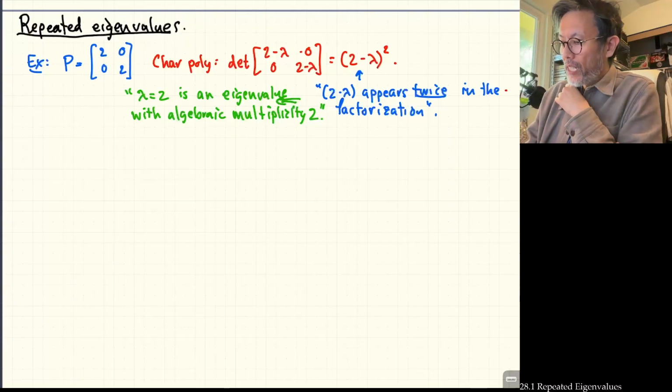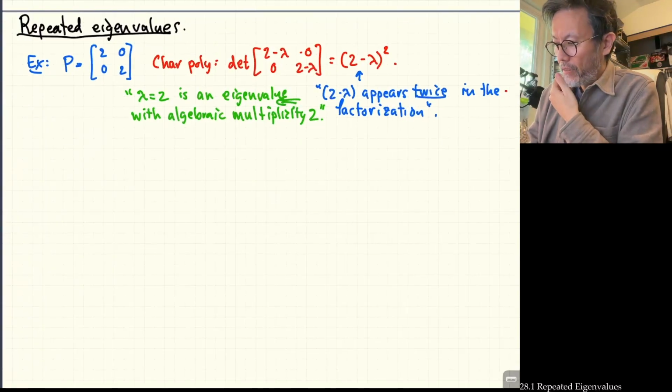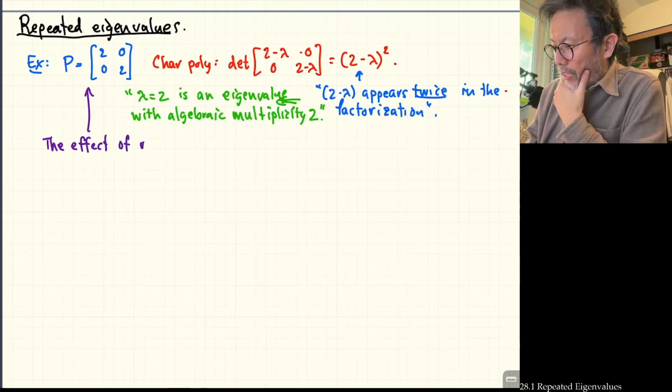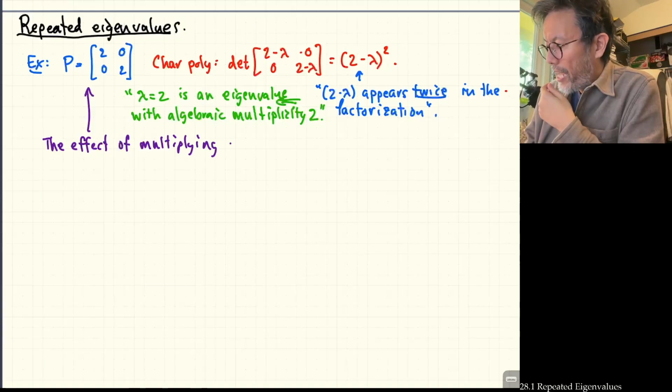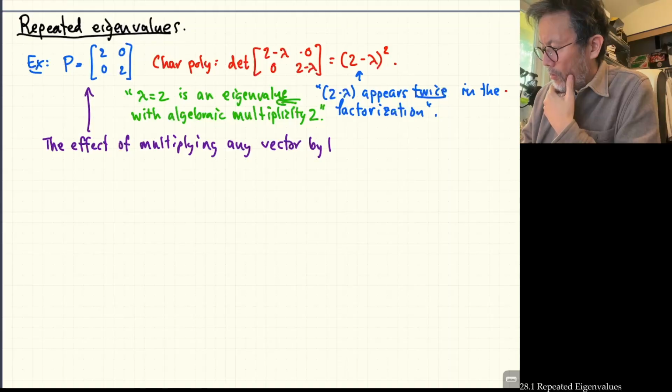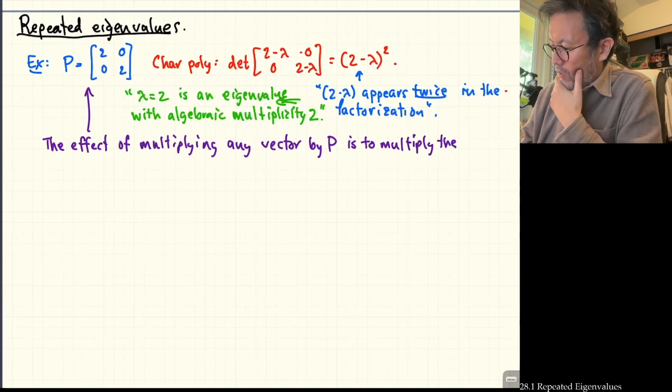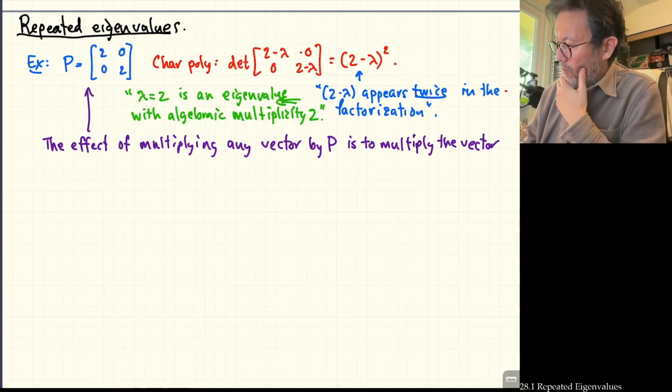Now, what can we say about the eigenvectors? Well, note that the effect of multiplying any vector by P is to multiply the vector by 2.